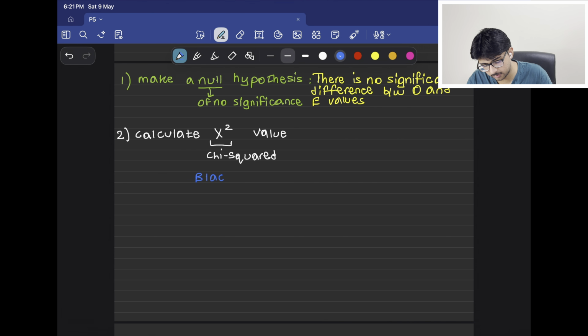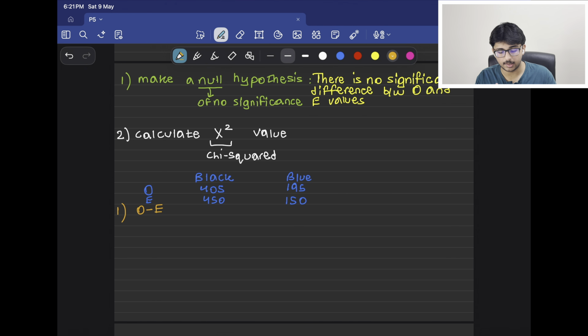Let's write the dominant one first, and then blue. If you look at the observed numbers, black were 405, blue were 195. But if you look at the expected numbers, black were supposed to be, in fact, 450, and blue was supposed to be 150. Now you have to write down the observed minus expected. Step number one. Take the observed, take the expected, subtract them together, write your answer along with the sign.